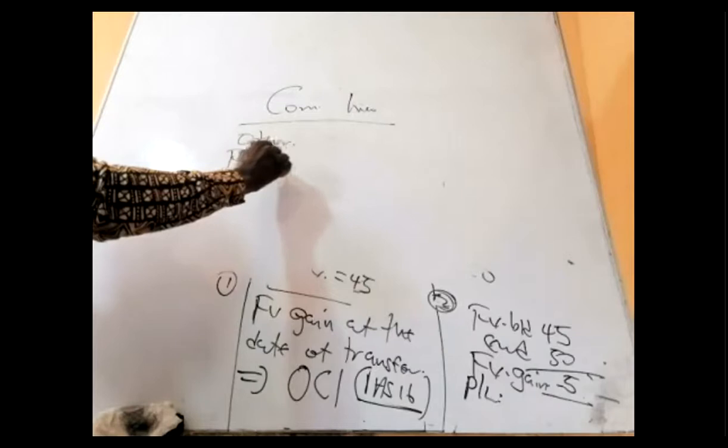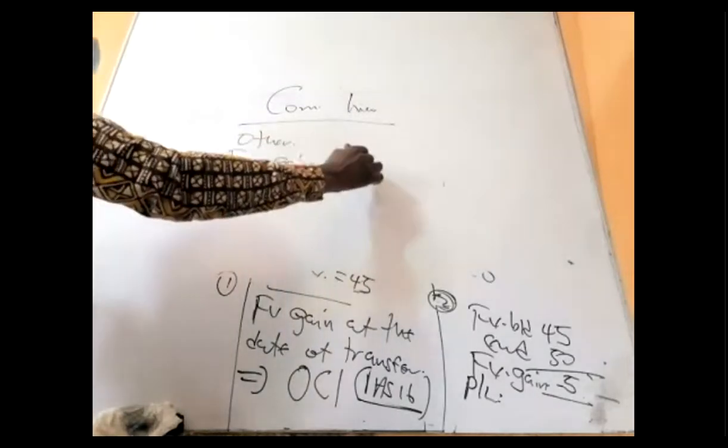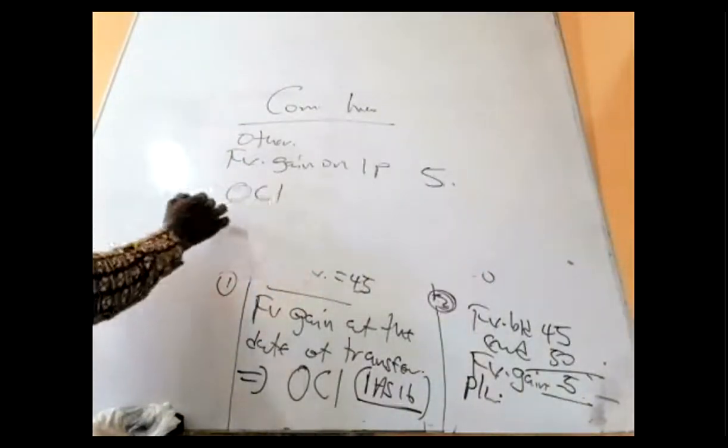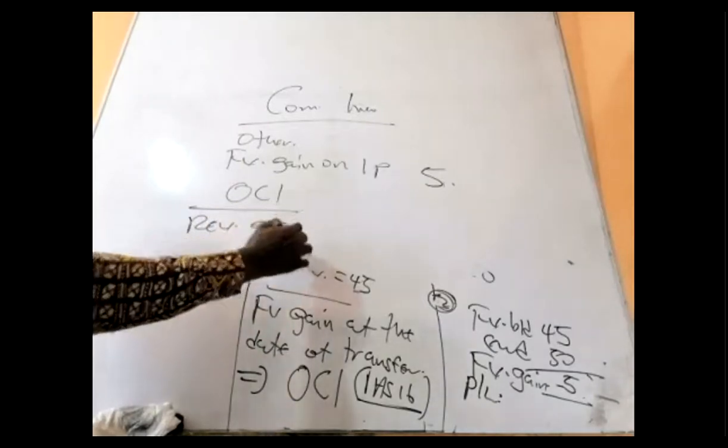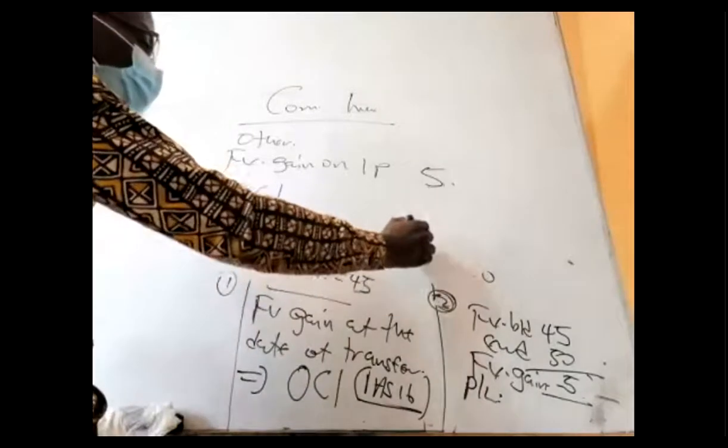The examiner wants fair value gain on IP, investment property. This one, the 5. And when I go to OCI, the examiner wants revaluation gain before the building was converted into investment property. It is 15.